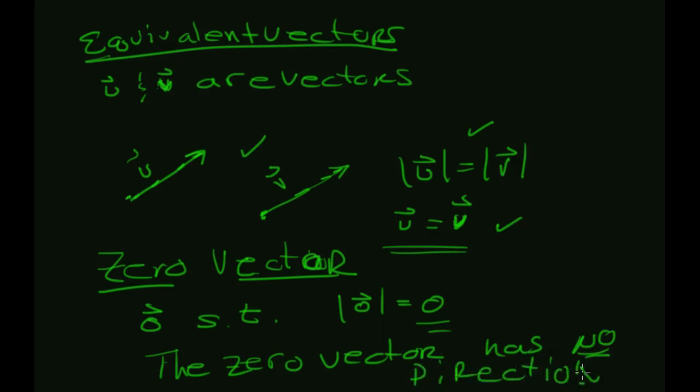It has a magnitude. Its magnitude is 0. And any vector whose magnitude is 0 is the zero vector. But none of these vectors that have a magnitude of 0 have a direction.